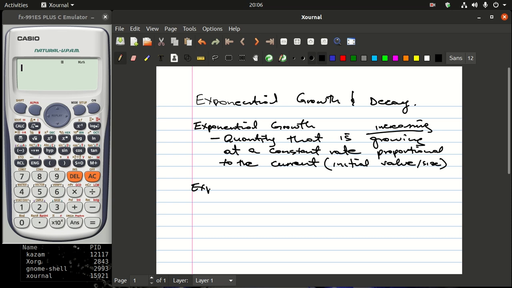And then the exponential decay. What is an exponential decay?